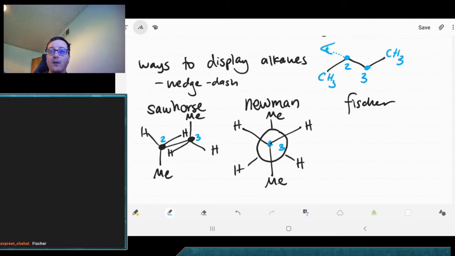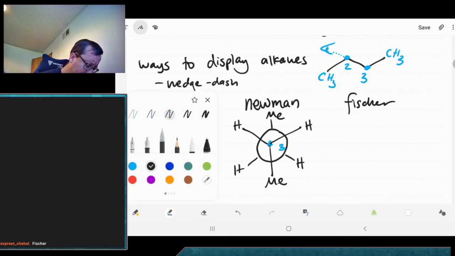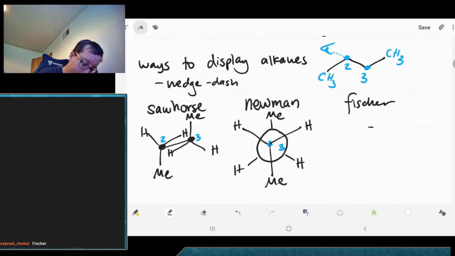A Fischer projection, though, on the other hand, is a little bit more complicated. It's more useful for sugars than anything else.